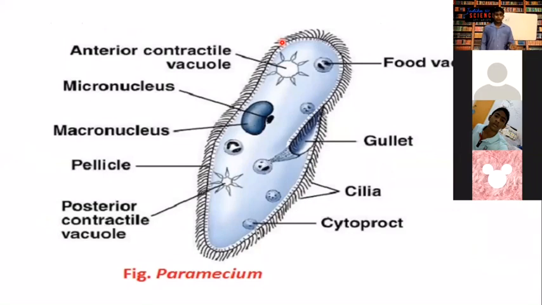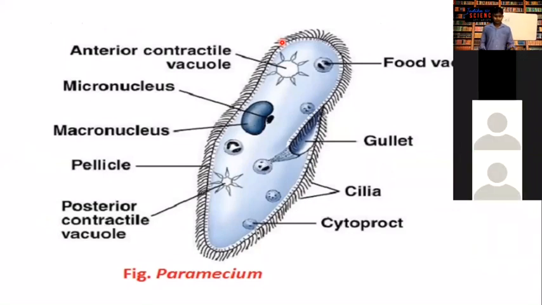So I told you, according to the knowledge that we have, if you study the levels of organization, it starts from cells together forming tissue, then organism, like that. Now their total body is one cell.